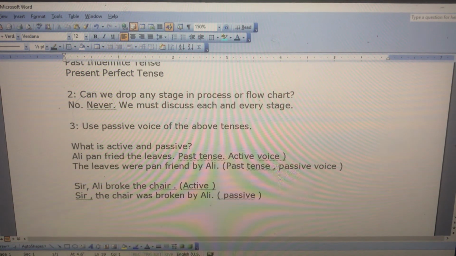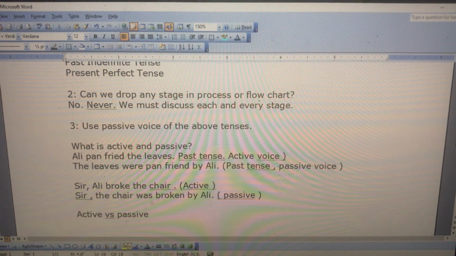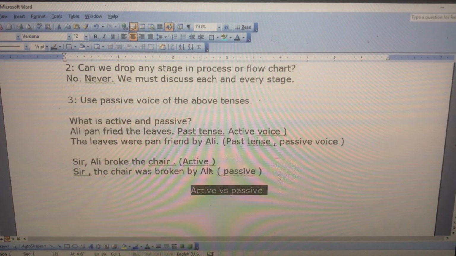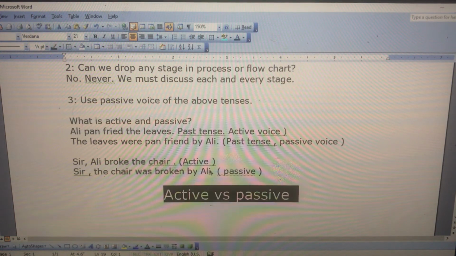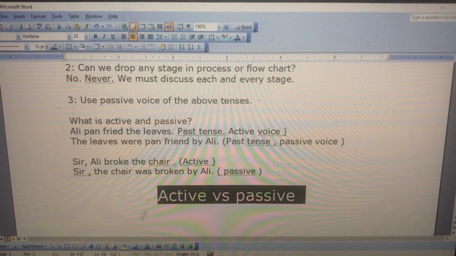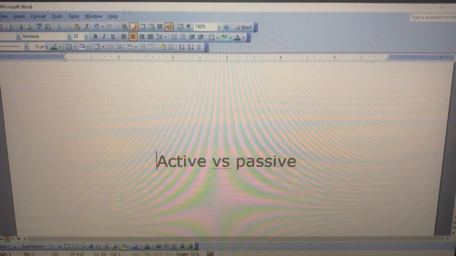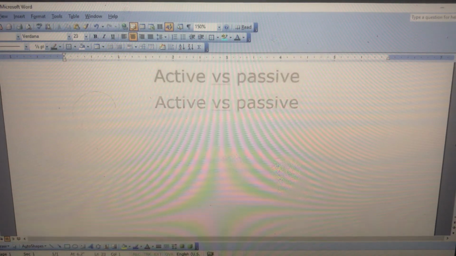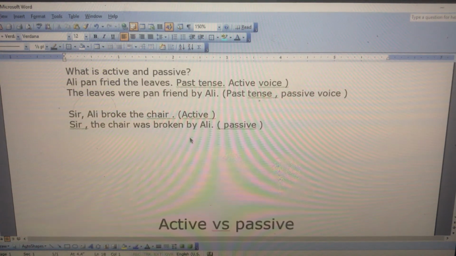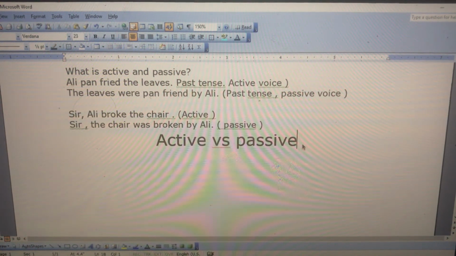Actually, we have active versus passive. Now, if I talk about active and passive, what is active?